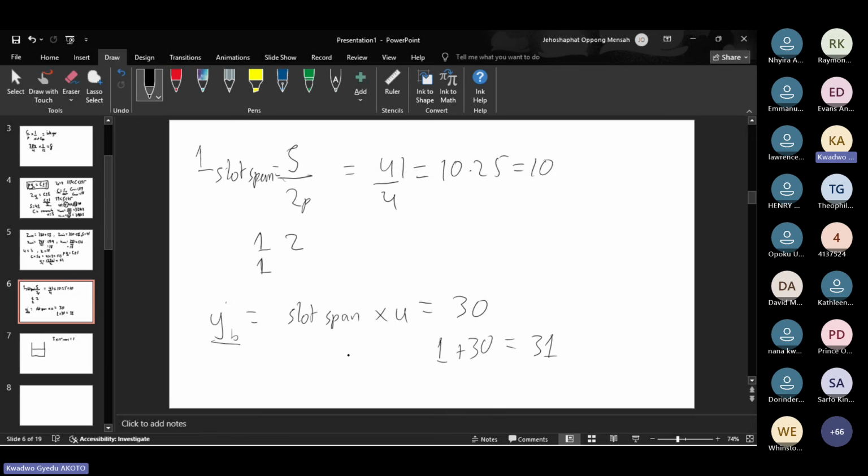So right now we got our coil pitch to be 30. So what does that mean? That means that for top conductor 1, the bottom conductor is 30. So if I am number 1 and my partner is 30 away from me, then my partner is going to be number 31.